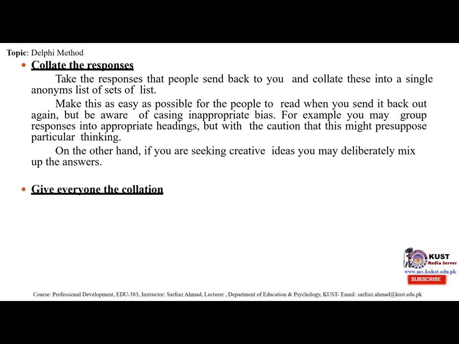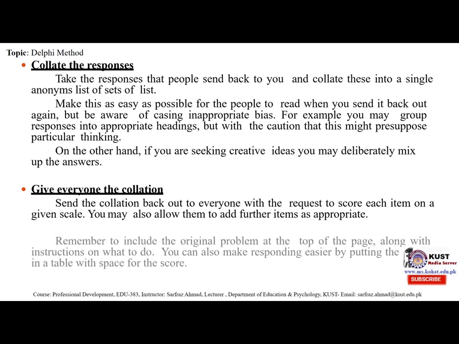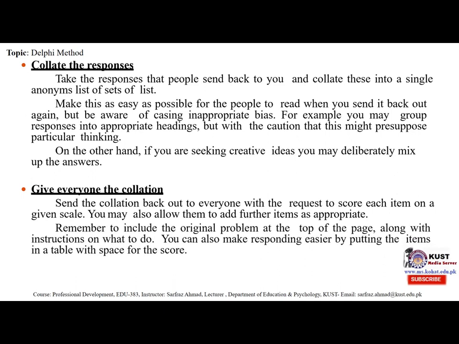And then give everyone the collation, which means send the collation back out to everyone with a request to score each item on the given scale. You may also allow them to add further items as appropriate. Remember to include the original problems at the top of the page along with instructions on what to do.